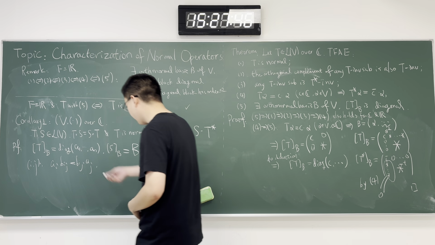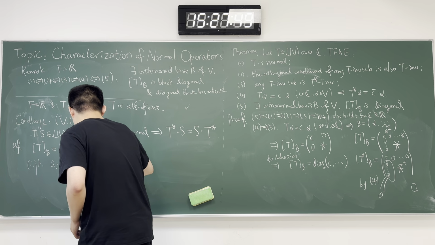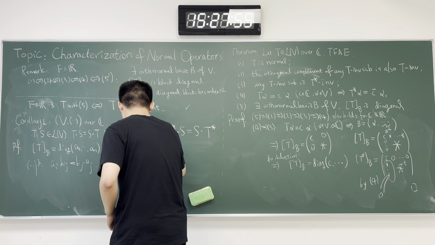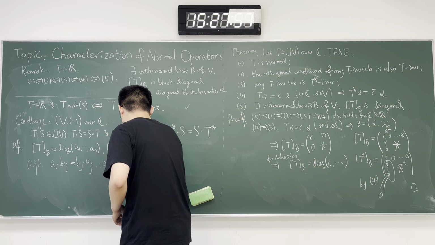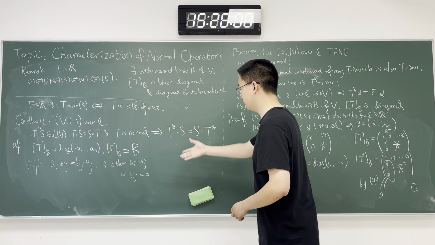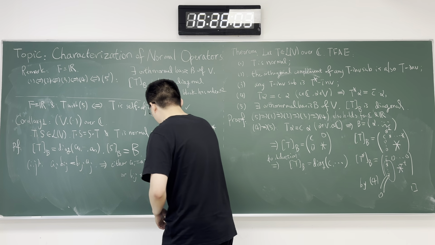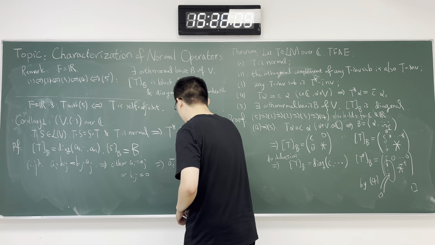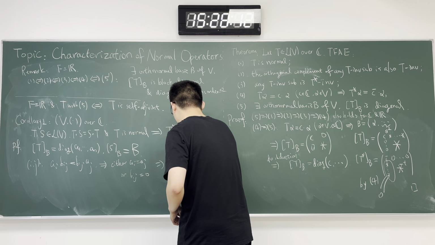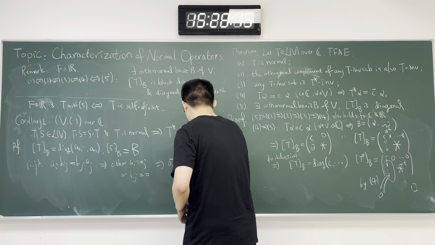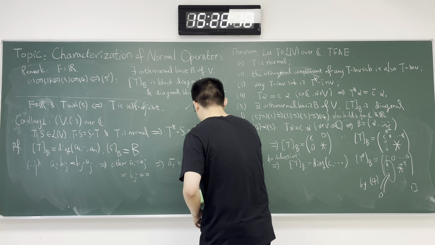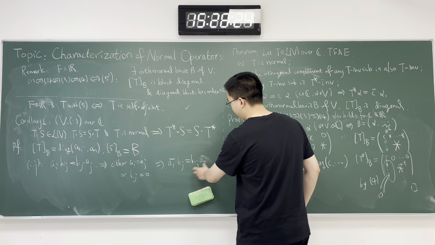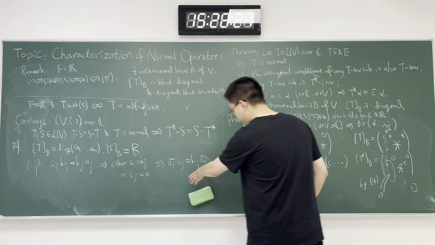From this equation we see that either a_i equals a_j or B_ij is 0. These are the only two possibilities. But in either case, we deduce that a_i conjugate times B_ij equals B_ij times a_j conjugate. If a_i equals a_j, then of course a_i bar equals a_j bar, so this equation holds.